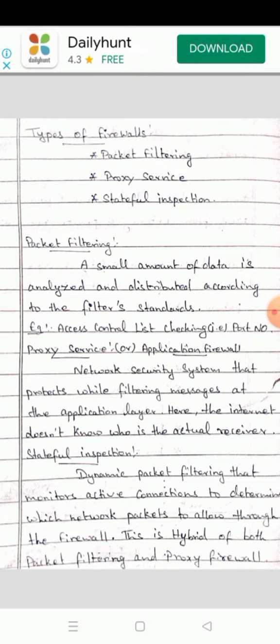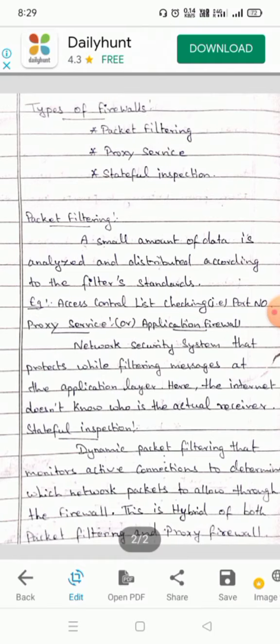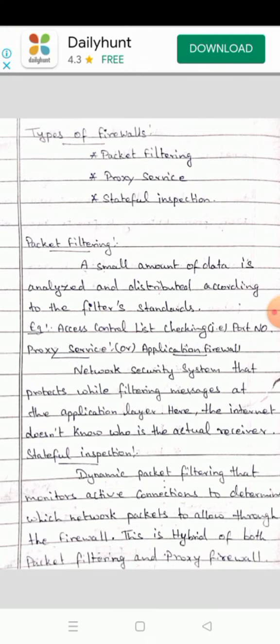The second type of firewall is the proxy service firewall, also called the application firewall. For example, suppose my mummy tells me to buy a pen for her. I go to the shop, buy the pen and give it to her.